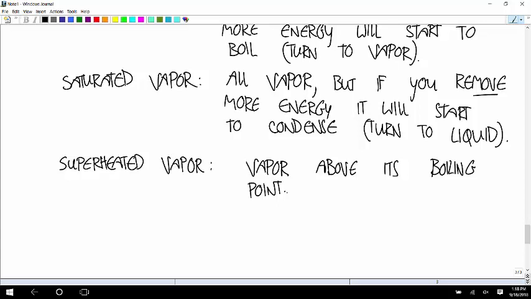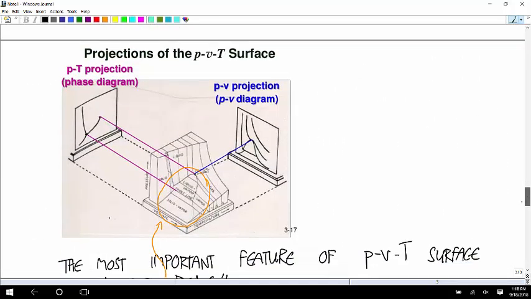But really, for calculations, I'm going to show you. So in this picture of the projections of the PVT surface, it showed the pressure temperature projection and the pressure volume projection. I want to look at a volume temperature projection.